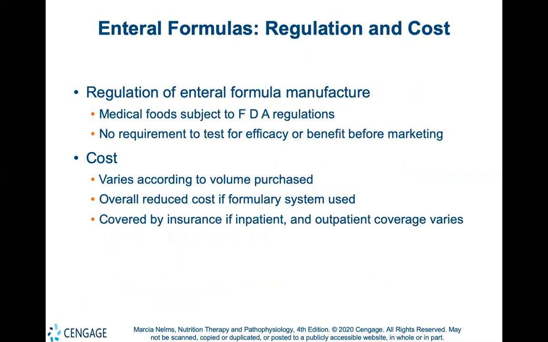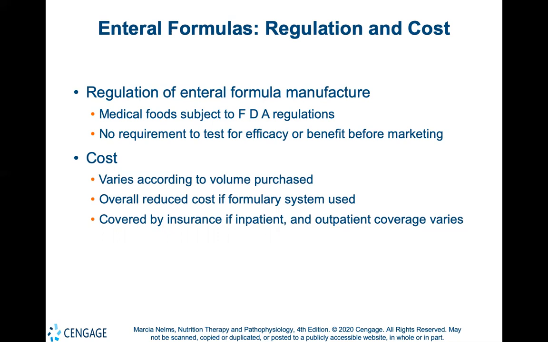Cost is an important consideration when selecting enteral products. Enteral products have been relatively inexpensive when compared to other components of healthcare, but newer products and those for specialized indications are increasingly expensive. The cost of products varies a great deal according to volume of product purchase.